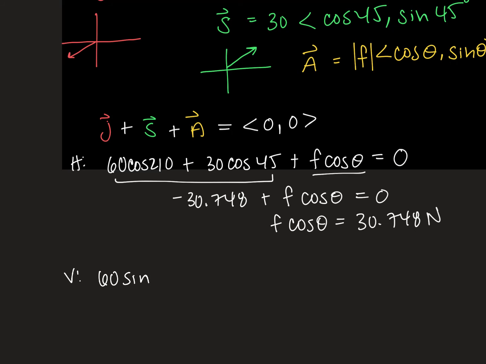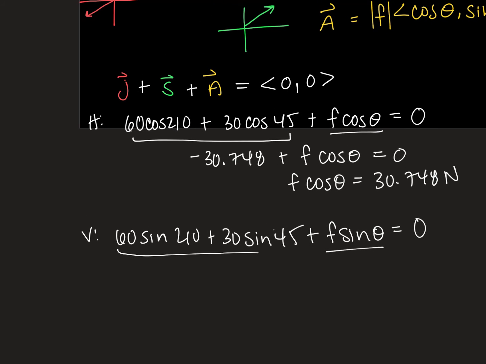Okay, and we're going to do the same thing for vertical. 60 sine of 210 plus 30 sine of 45 plus f times sine of theta. So this is the vertical component for Austin, needs to be 0.